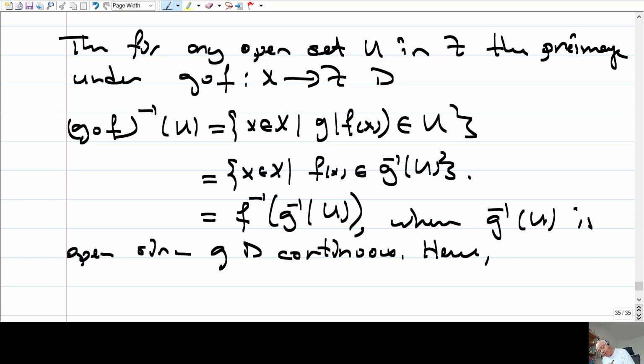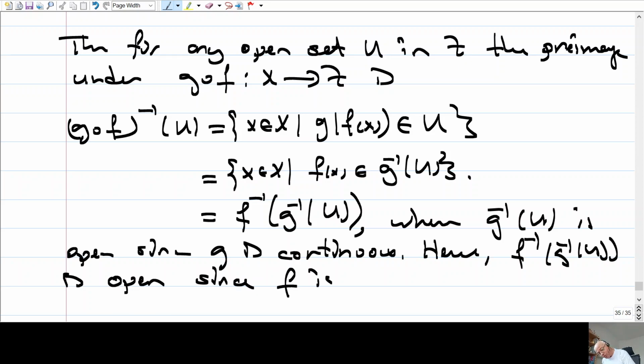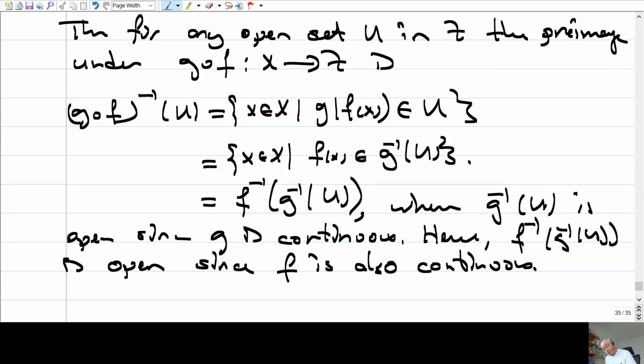Hence F inverse of G inverse of U is open, since F is also continuous. Thus G composition F from X to Z is continuous.